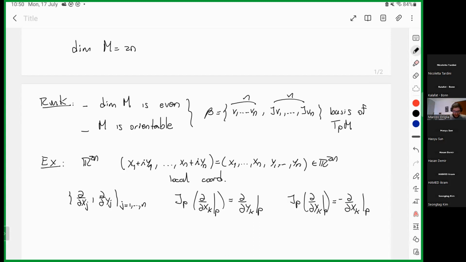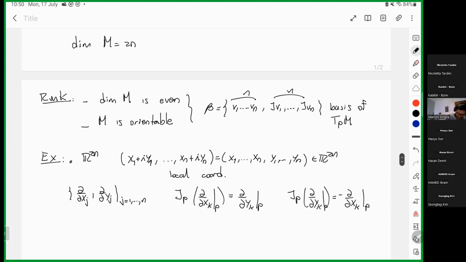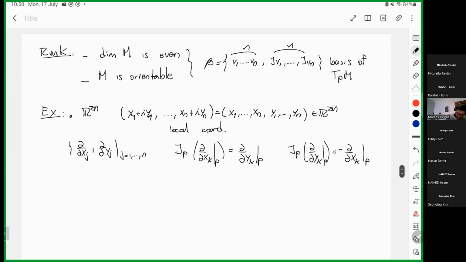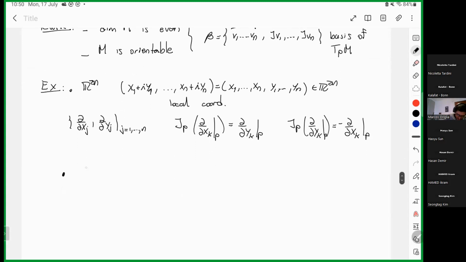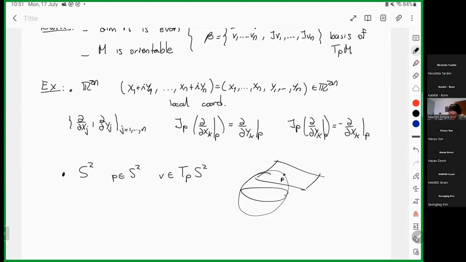So another example, let's say, will be the two-sphere. In the two-sphere, we have a point p in the sphere, and let's take a vector v in the tangent space. So imagine we have the sphere, point p, and vectors here, right?